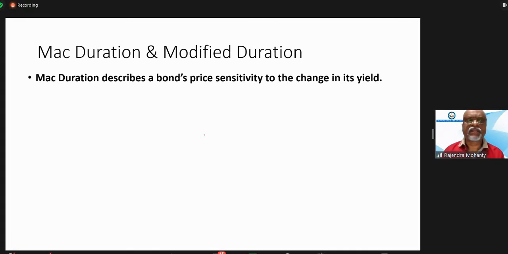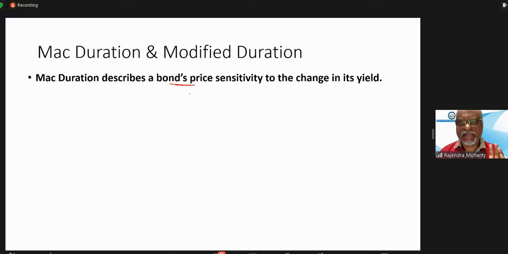Macaulay duration says that it is the sensitivity of a bond's price or share price to a change in its yield rate. Basically it is about bonds.